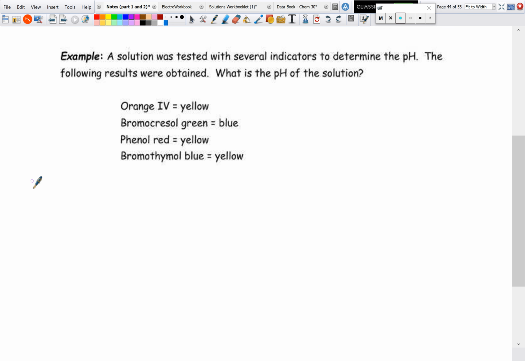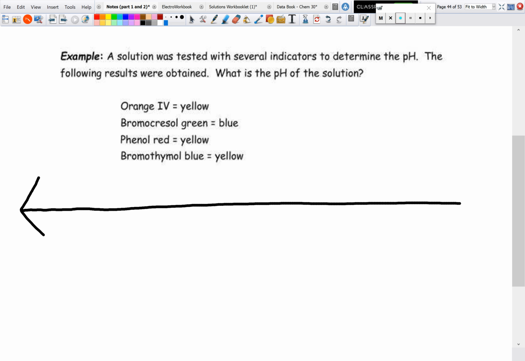Because remember, our pH scale goes from 0 to 14, and right in the middle we have a pH of 7, right? And then of course we have all the intermediate steps in between.